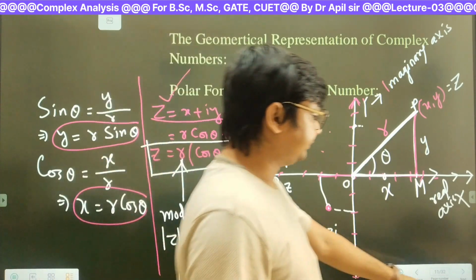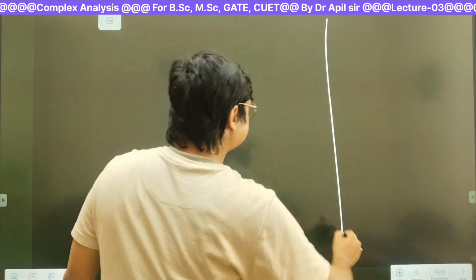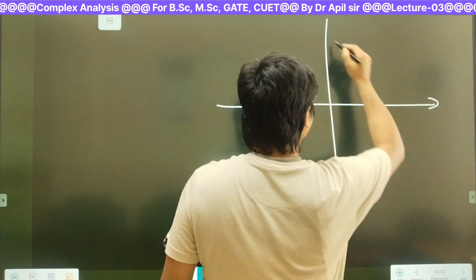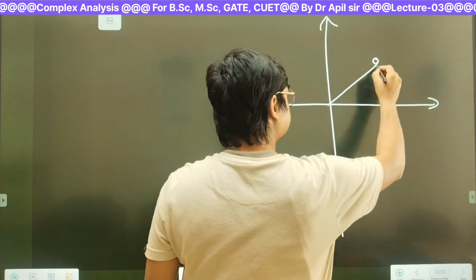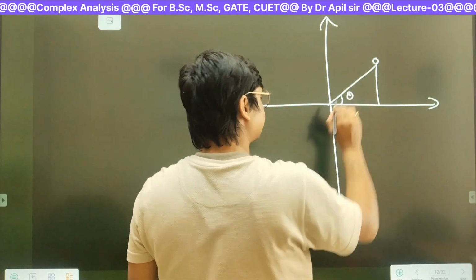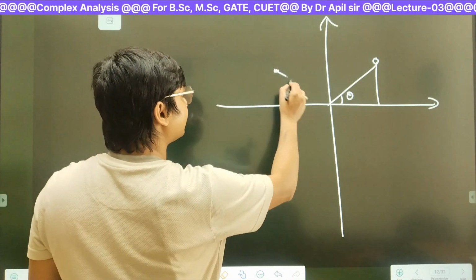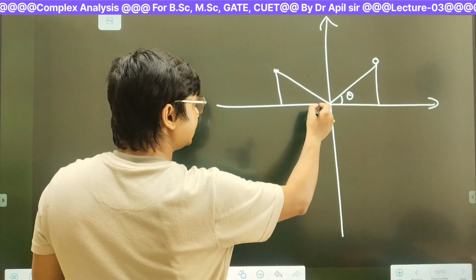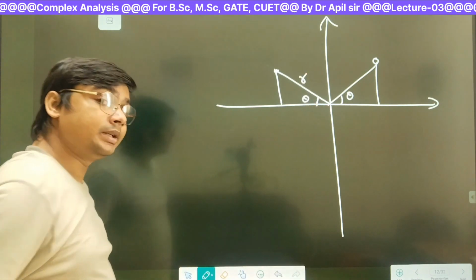But here you see, this is our system, right? In the previous case we considered it this way. But if this complex number is in this quadrant, then this will be theta and this will be r, right?